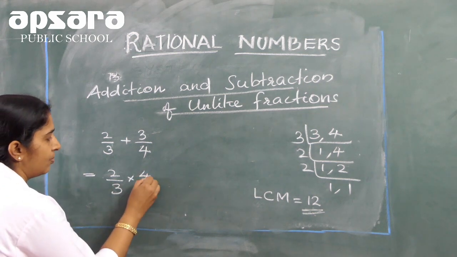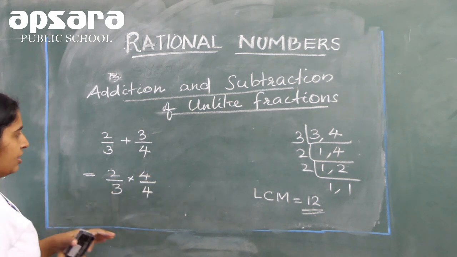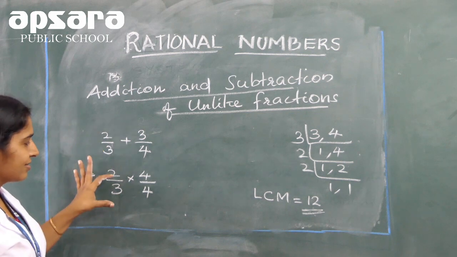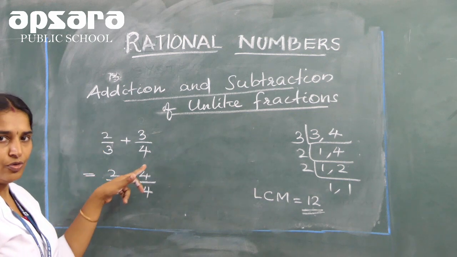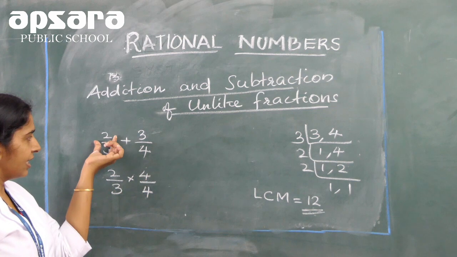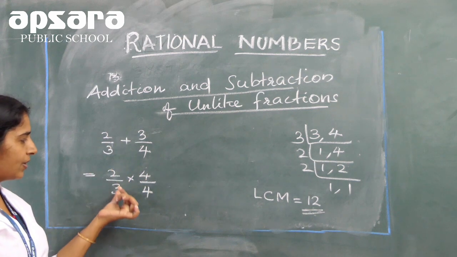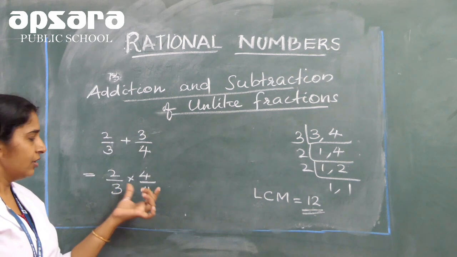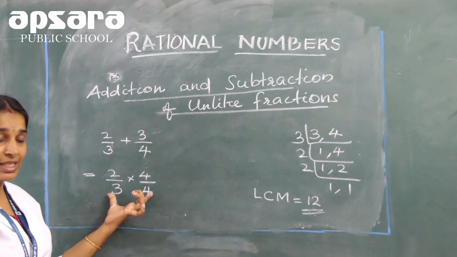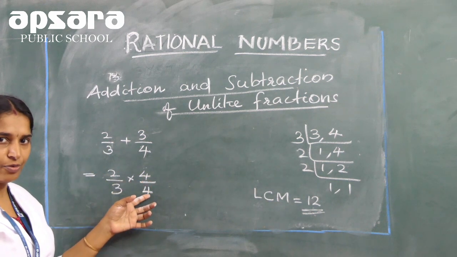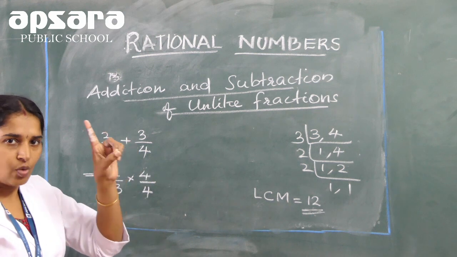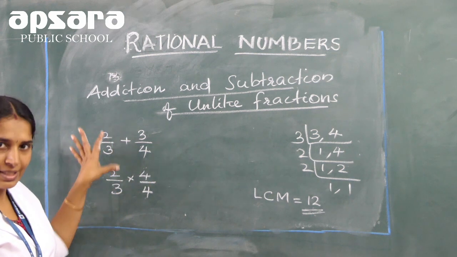So the first fraction 2 by 3 is written as 2 by 3 into 4 by 4. Its value will not change when you multiply by 4 by 4 because 4 by 4 is 1.